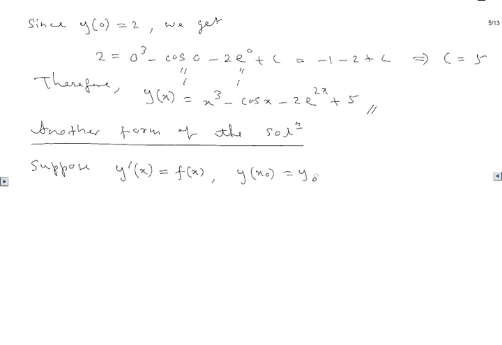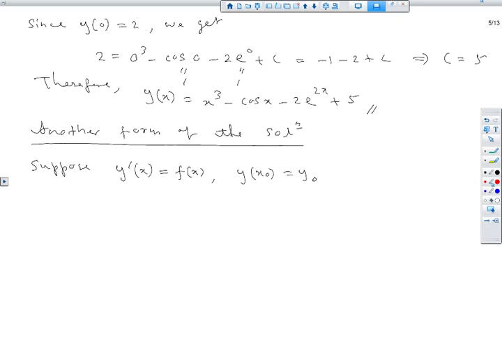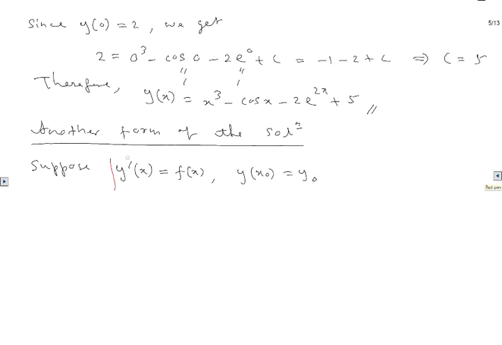So you start with this general problem: a first order differential equation along with an initial condition.